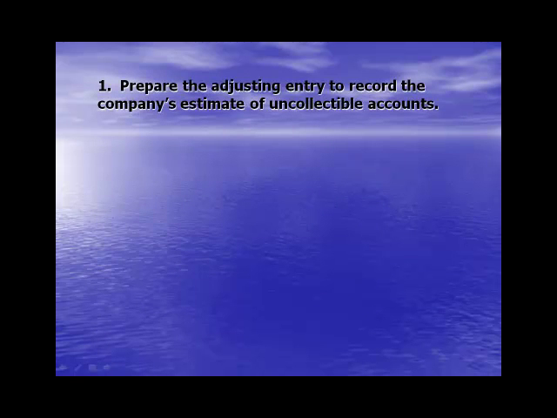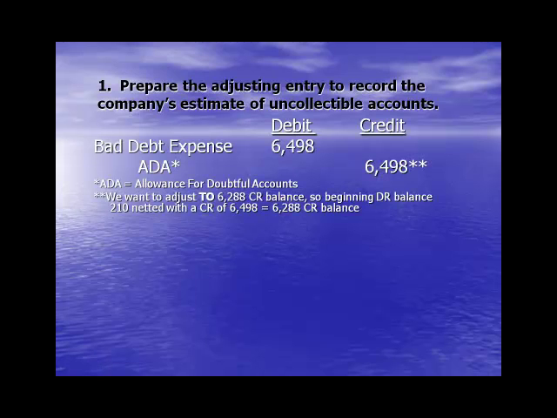Number 1 says prepare the adjusting entry to record the company's estimate of uncollectible accounts. Well, we're going to debit bad debt expense by $6,498 and credit the ADA, which is short for allowance for doubtful accounts, $6,498. Now, something we need to point out here is that the $6,498 is not the amount we calculated.